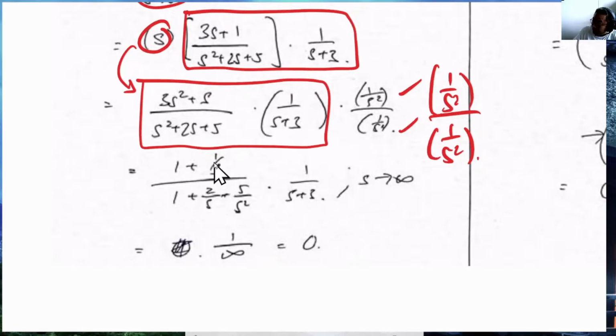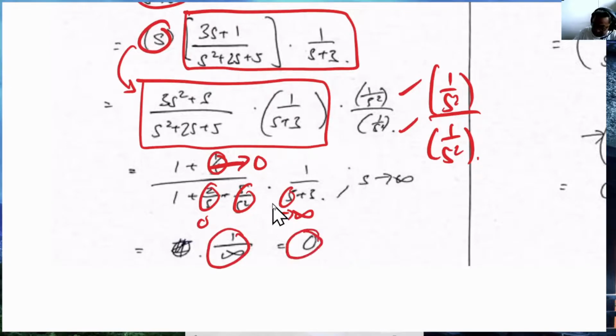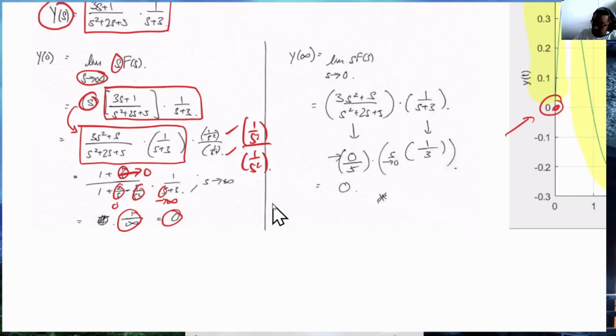This will become 1 plus 0. This guy goes to 0. This guy goes to 0. This guy goes to 0. This guy goes to infinity. So it is 1 over infinity equals 0. So using the initial value theorem, it works.